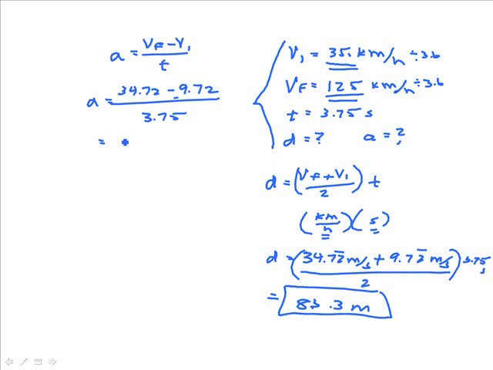We end up with 34.72 minus 9.72, which is 25. 25 divided by 3.75 gives me 6.666. All right, 6.666 meters per second squared, or we would round that to 6.67 meters per second squared.